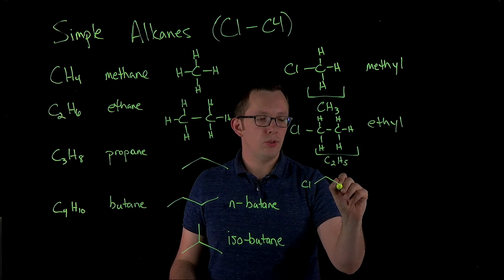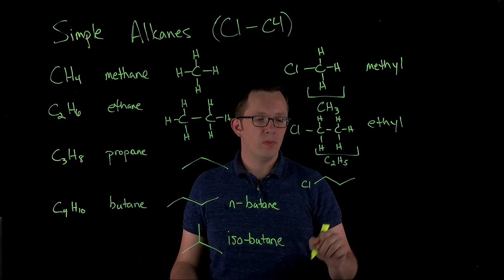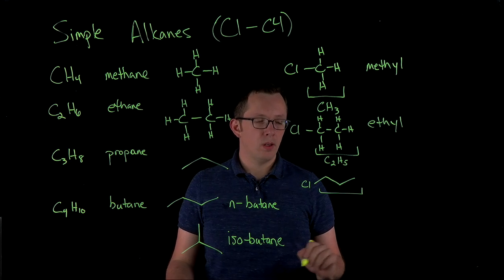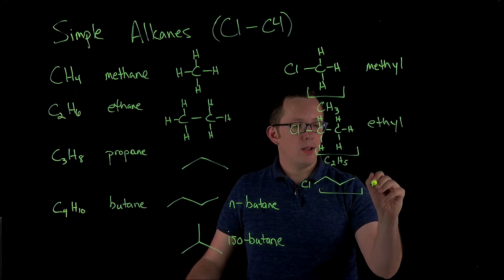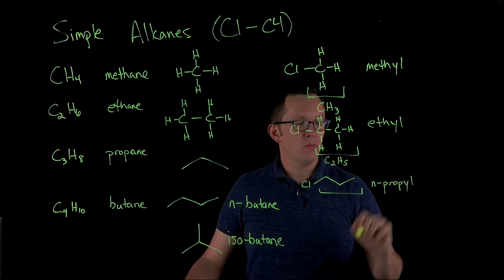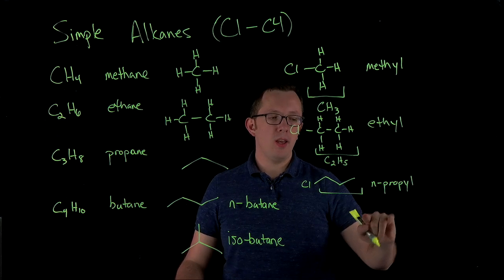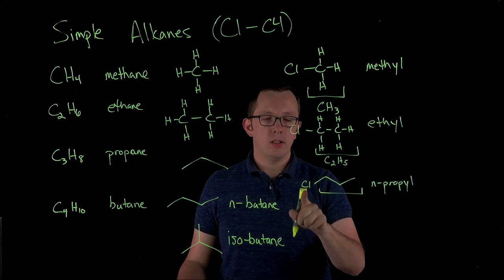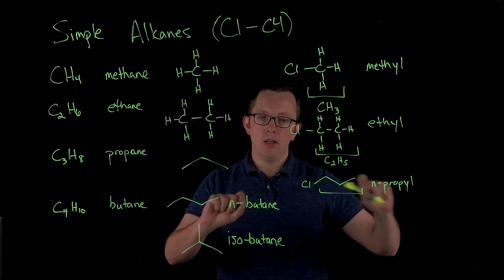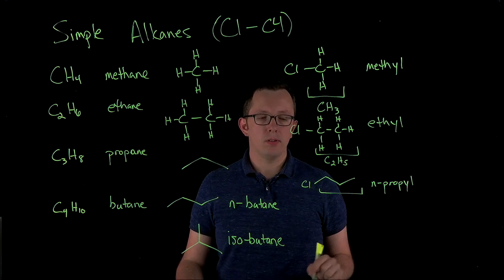We have 1, 2, 3, right? So now, this group here, this is called the n-propyl group, right? So propyl for propane. The n here corresponds to when we have it fully extended in a linear fashion.